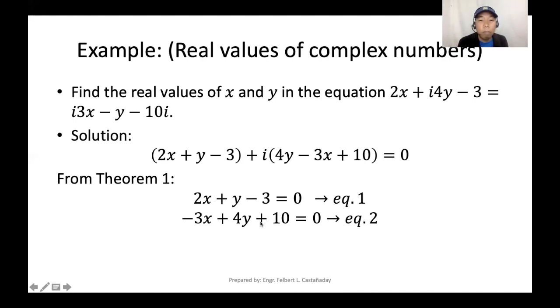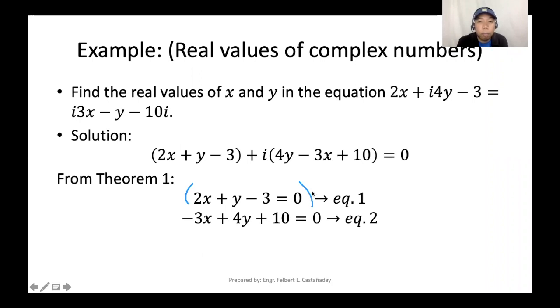Or simply, you can do elimination or substitution to determine the value of x and y. So let's try this one. What I will do here is eliminate y and then solve for x.